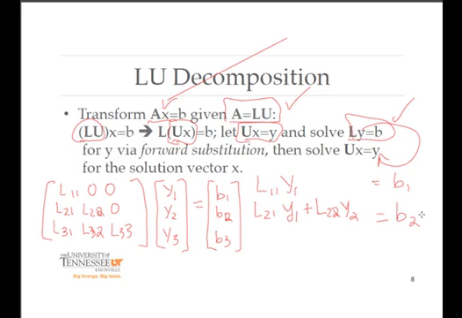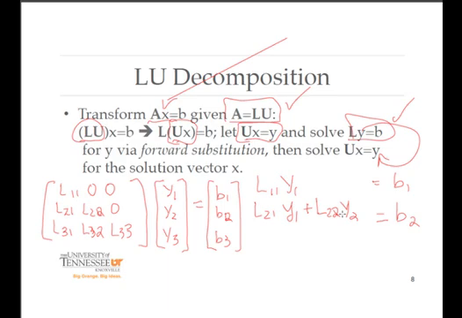Again, the 0 in the last position of that second row is multiplied times Y3, and that's why there is no Y3 component. But notice something. You could quickly solve for Y1 because you would just divide through by L11. And then if you have Y1, you could substitute it in here and figure out Y2. That's the pattern. You can pull off a new component of that Y vector on each step.